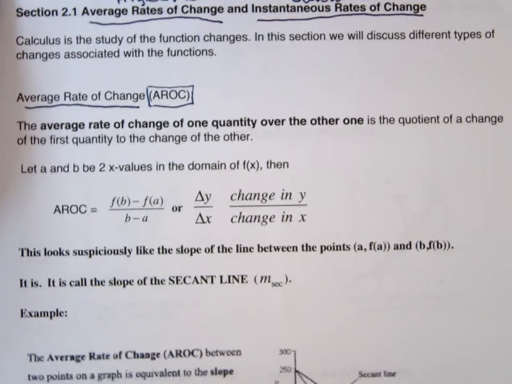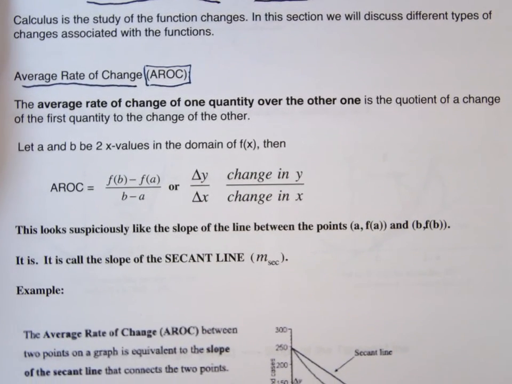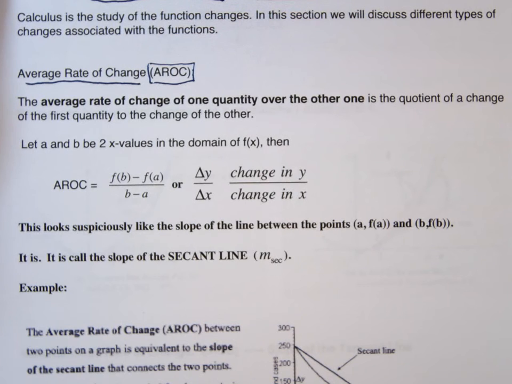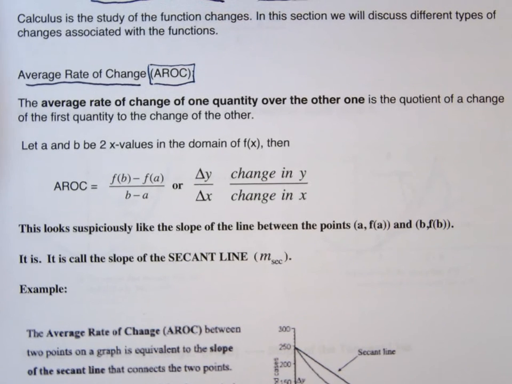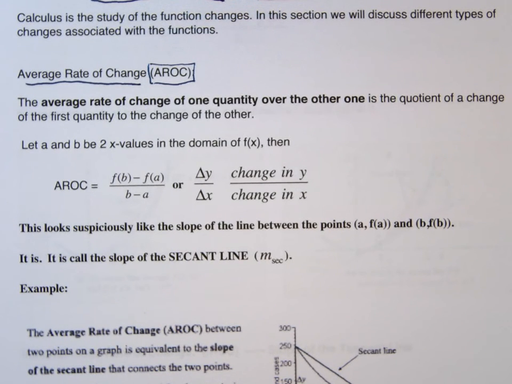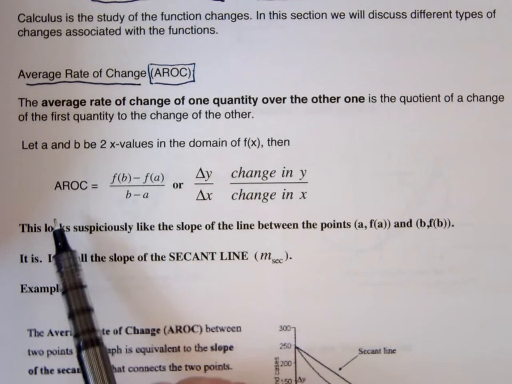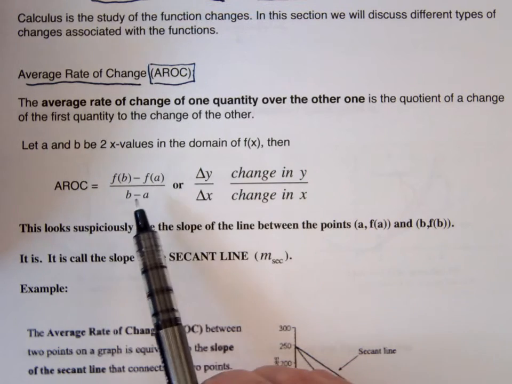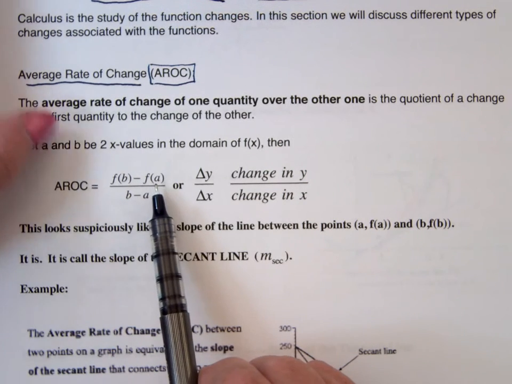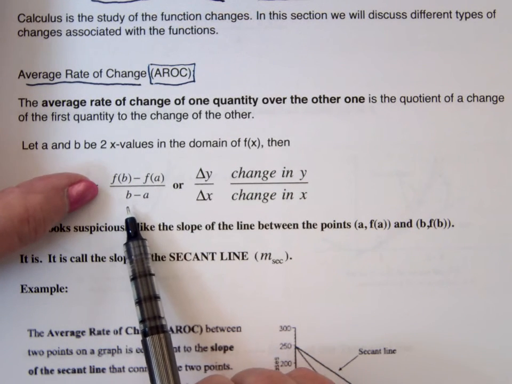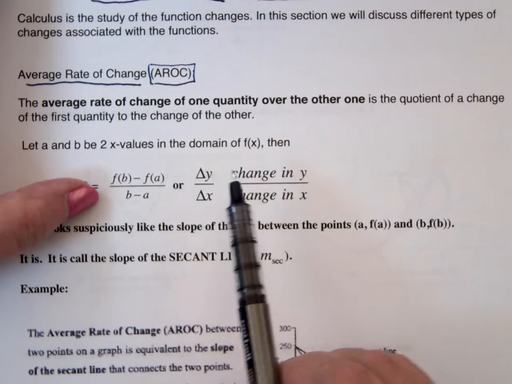And what in the heck is the average rate of change? The average rate of change of one quantity over another one is the quotient of the change of the first quantity to the change of the other. That's a mathematical definition, and we know what this is. Average rate of change is the change of one mathematical quantity divided by the change in the other.